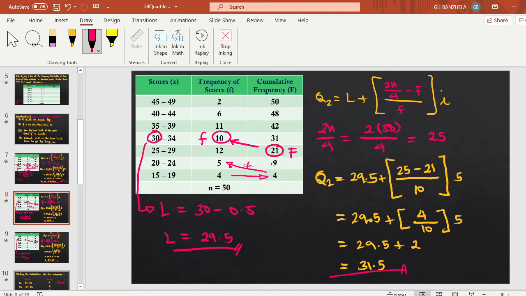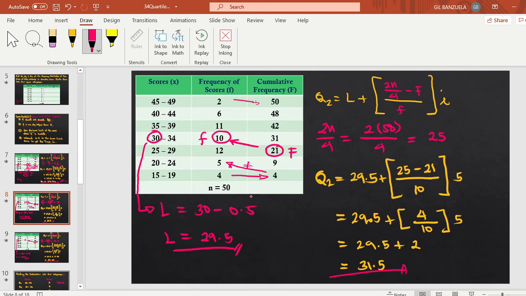So 4 plus 5, 9, 9 plus 12, 21, plus 10, 31, plus 11, 42, plus 6, 48, and plus 2, 50. So it should be automatic.